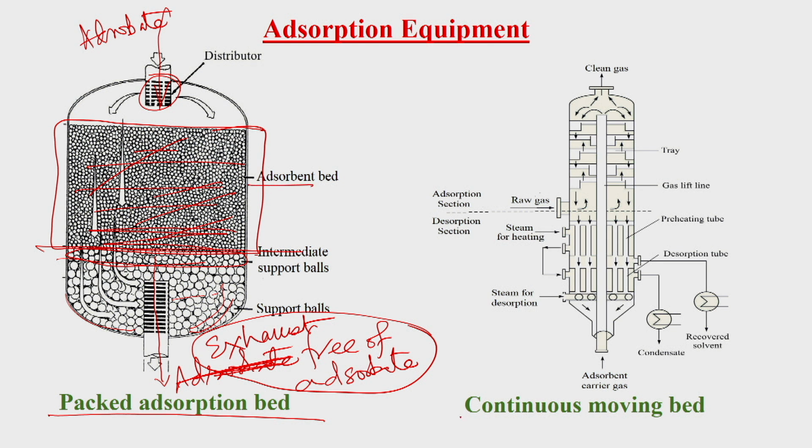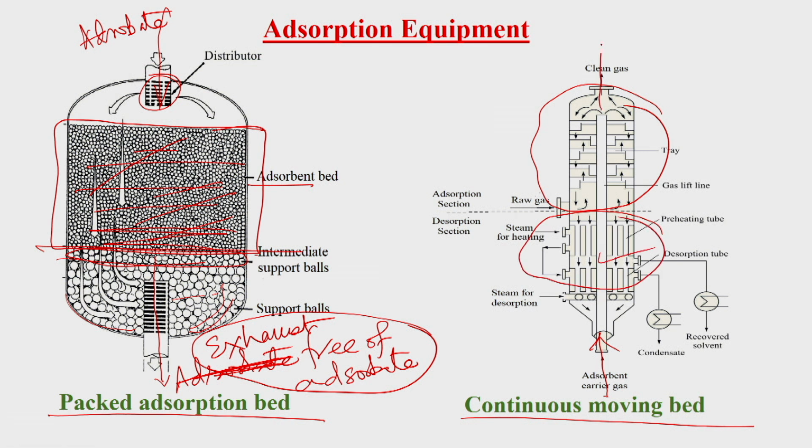When we talk about the continuous moving bed like the Higgins apparatus, suppose the adsorbent and carrier gas are entering from here, and inside there is the adsorption section and this is the desorption, or regeneration, section. The clean gas, the exhaust gas free of adsorbent, will be coming out from the top.